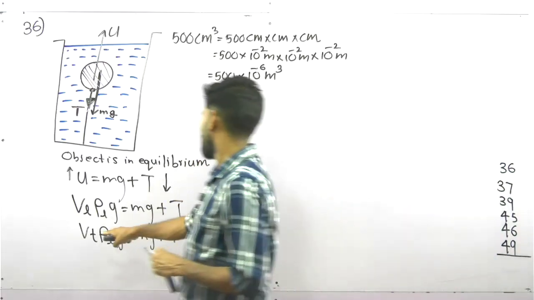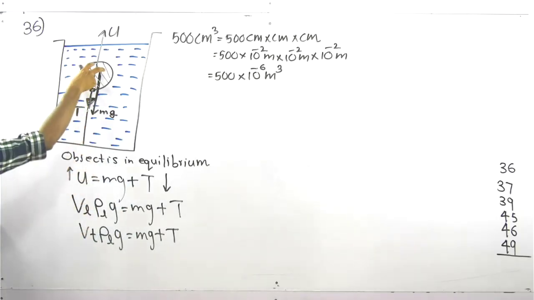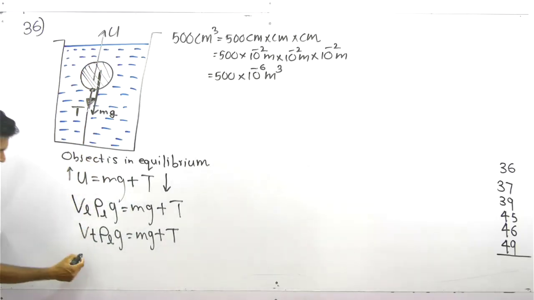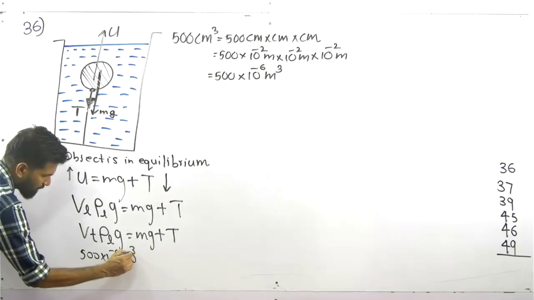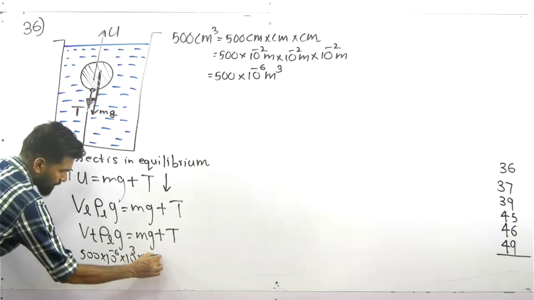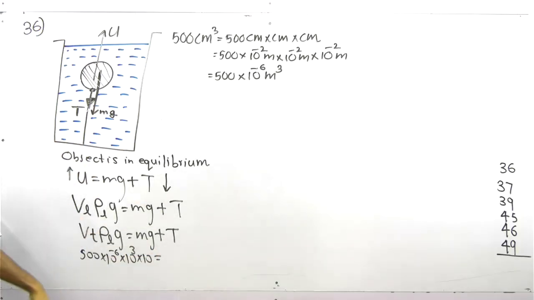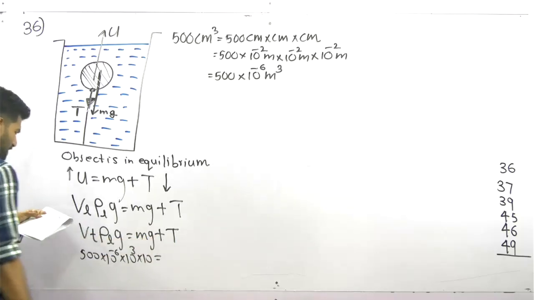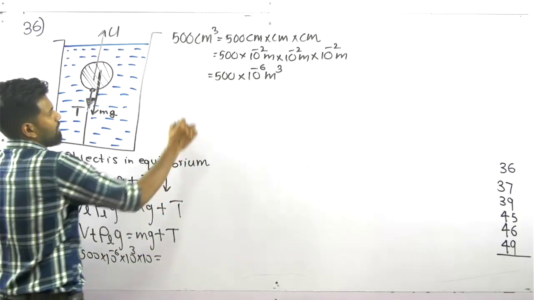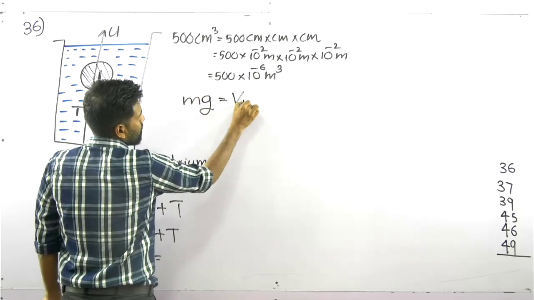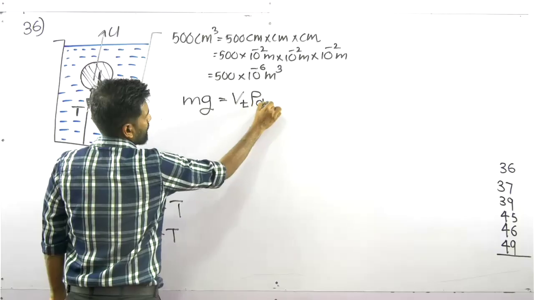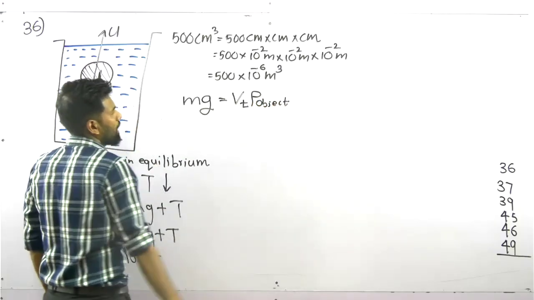So the total volume, that means the volume of the object that is inside the liquid, is 500 into 10 to the power minus 6. Density of the liquid is 10 to the power 3, water, g is 10. Upthrust is balanced by the weight and the tension. So we have to write the weight of the object and we can find the tension. Weight of the object is mg. Total volume multiplied by the density of the object will give the mass of the object.